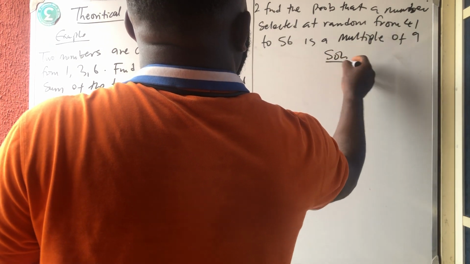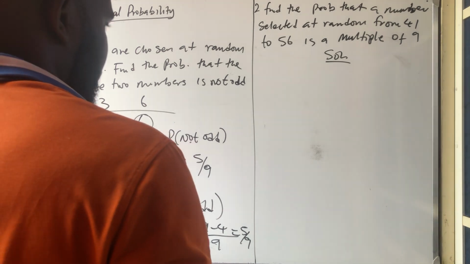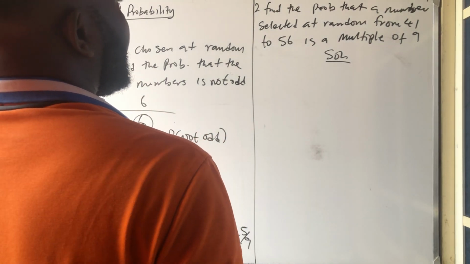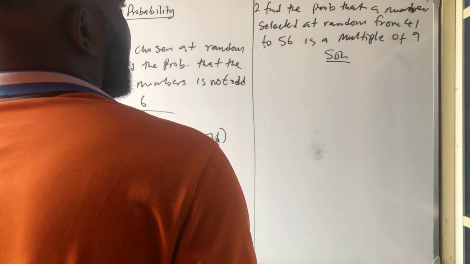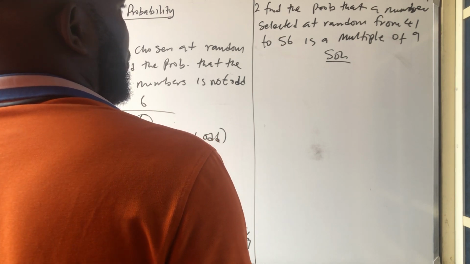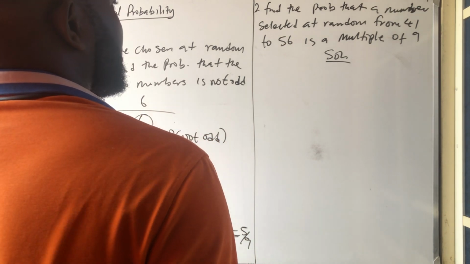Solution. Okay, so the probability of a number selected from 41 to 56 being a multiple of 9.